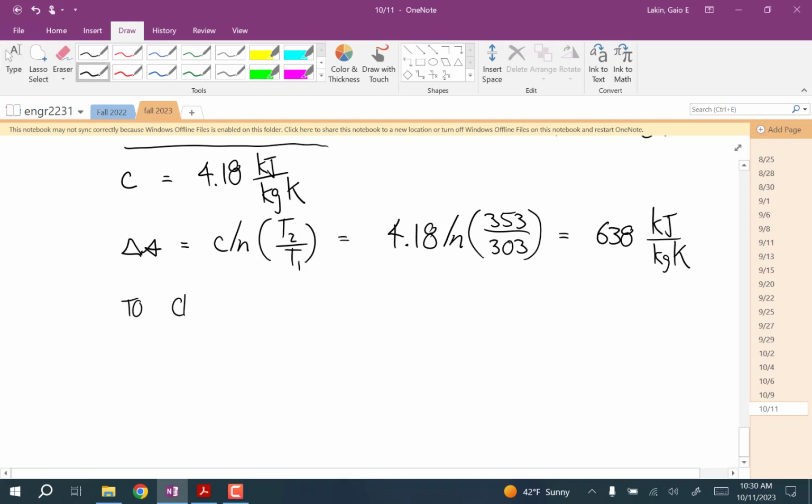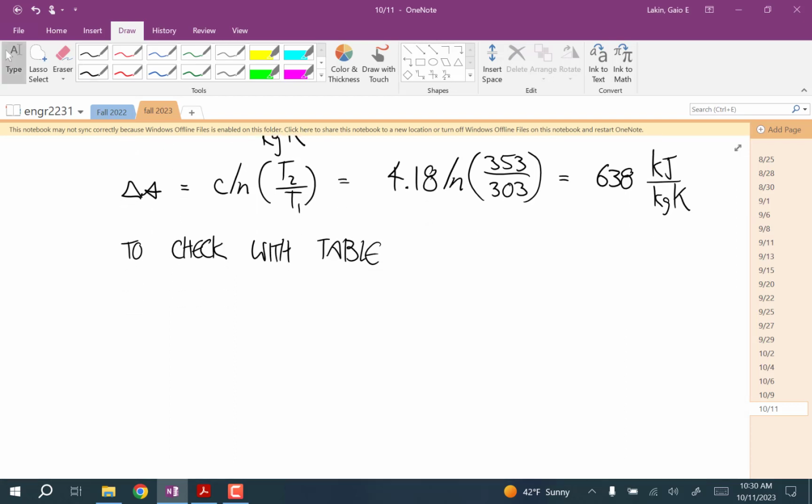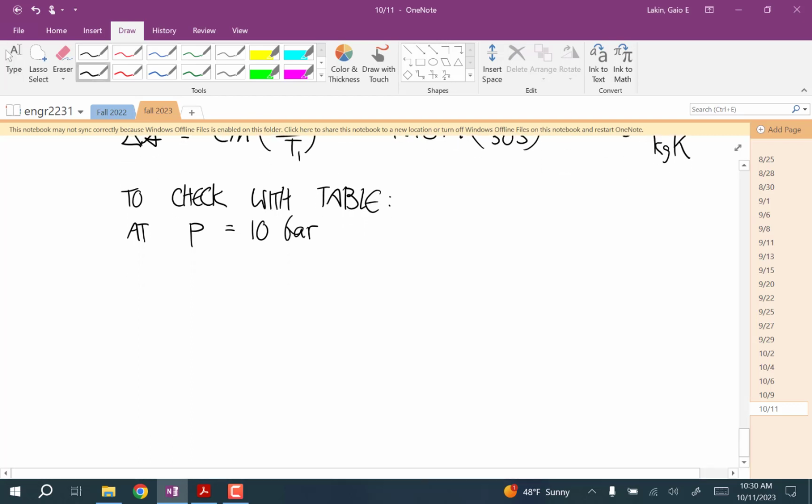To check this in the table, at a pressure of 10 bar, you get that there's one temperature.